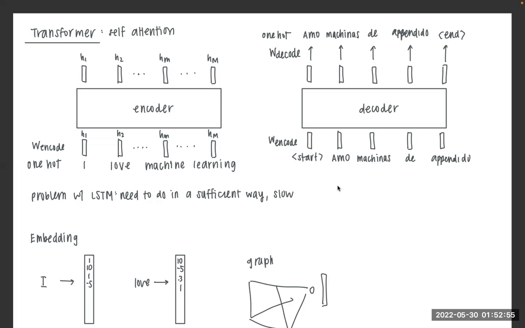So let me again start from machine translation to convey the basic idea, because that's the original application for transformer. So recall that in the LSTM model we studied in the last lecture, we have the input, like I love machine learning.